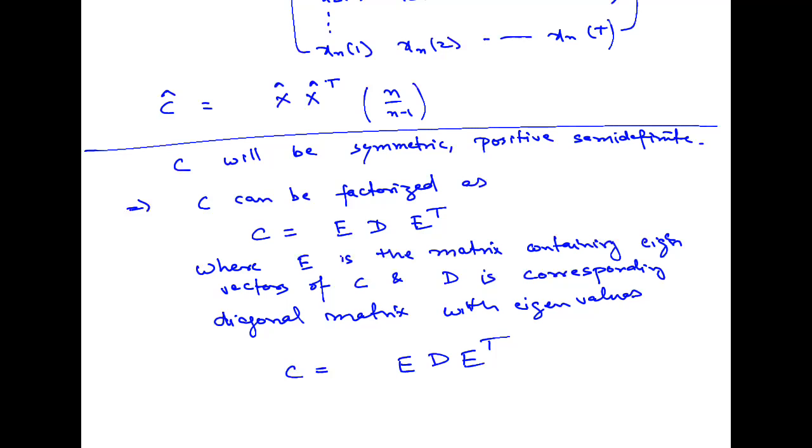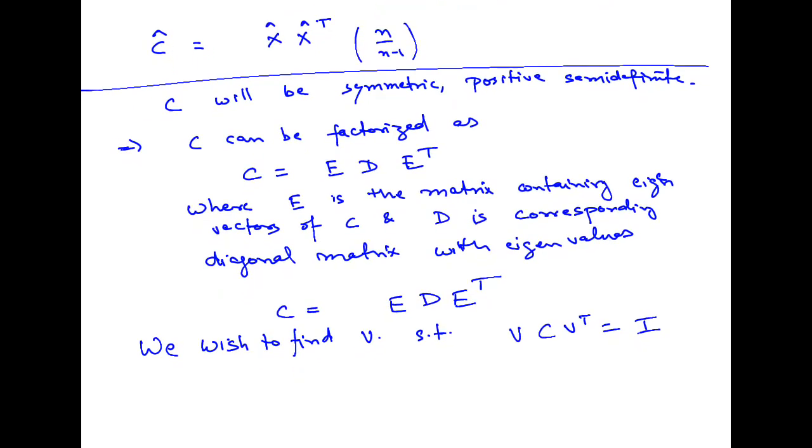What should the value of V be, such that V C V transpose equal to I? No one is there?